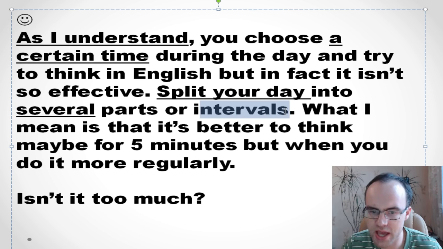So what I mean is that it's better to think in English, maybe for 5 minutes. But when you do it more regularly, you know, if you say 20 minutes just one time a day, it isn't enough. So you need to do it more regularly.